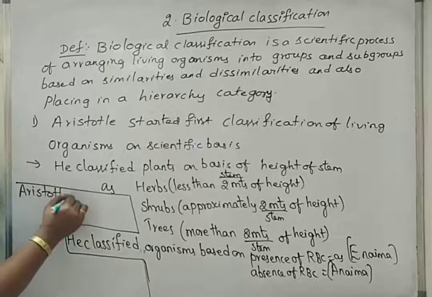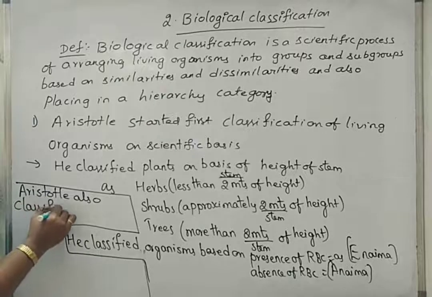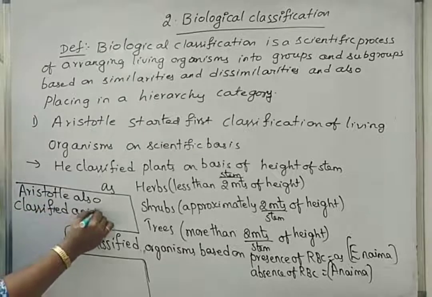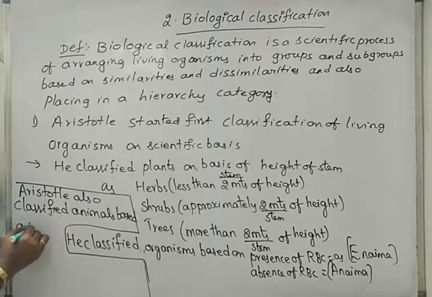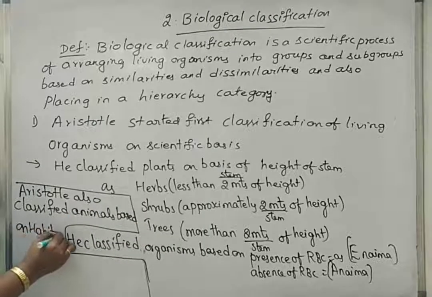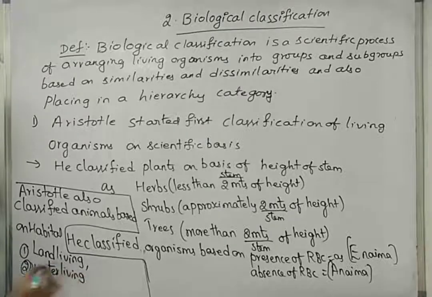Aristotle also classified animals based on habitat, that are land living, second one water living, third one air living.